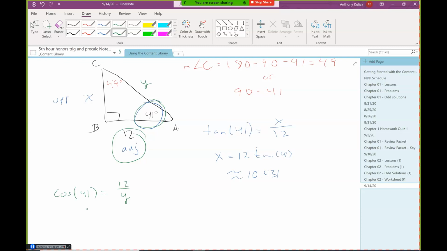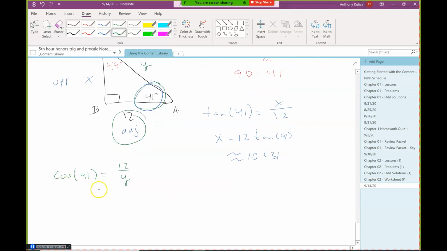If you can, it's no harder to do it this way. If we can get a slightly more accurate answer, I think that's worth doing. So when I cross multiply, I get y times cosine 41 is equal to 12. If I divide both sides by cosine 41 and type that into my calculator, I get about 15.900.